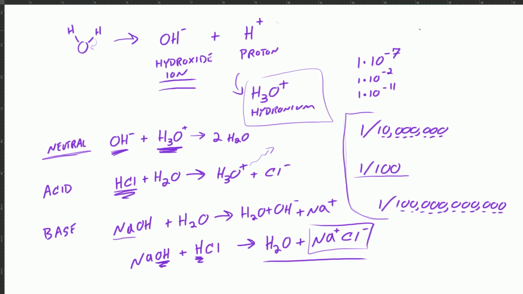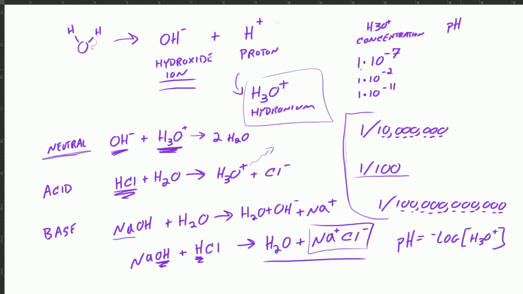So instead of having these concentrations, what we do is we convert it to pH. And the pH is equal to the negative log of the hydronium ion concentration.